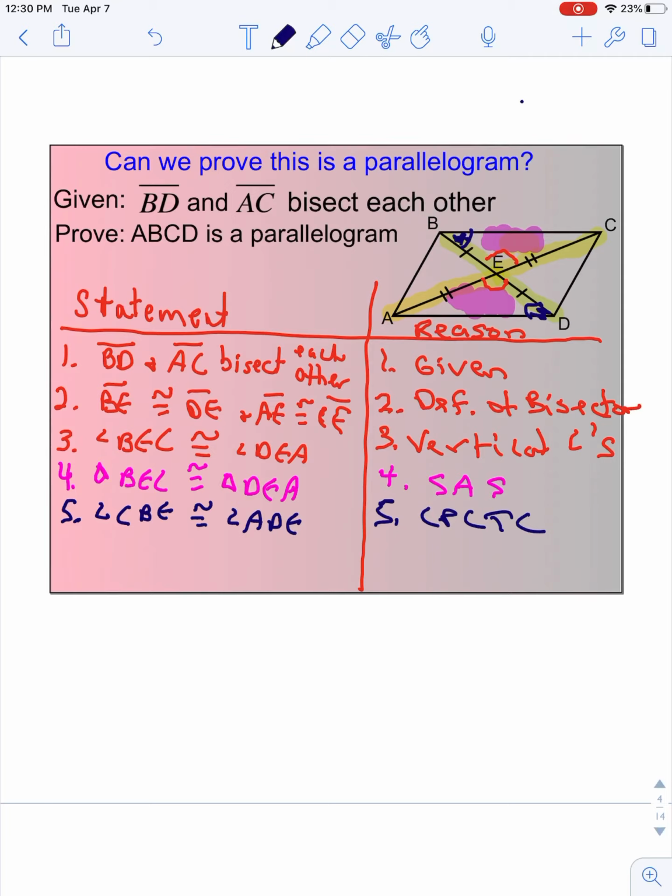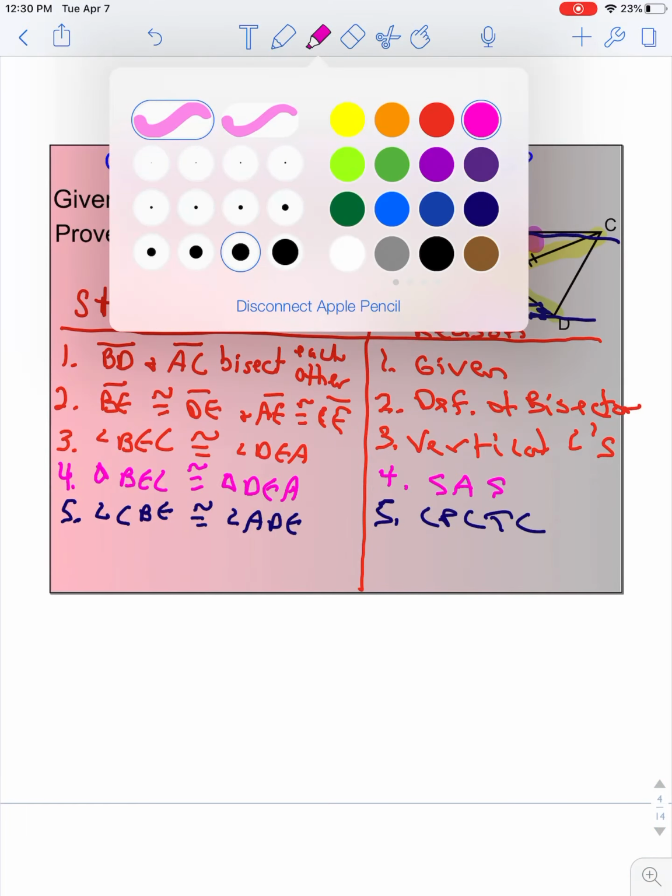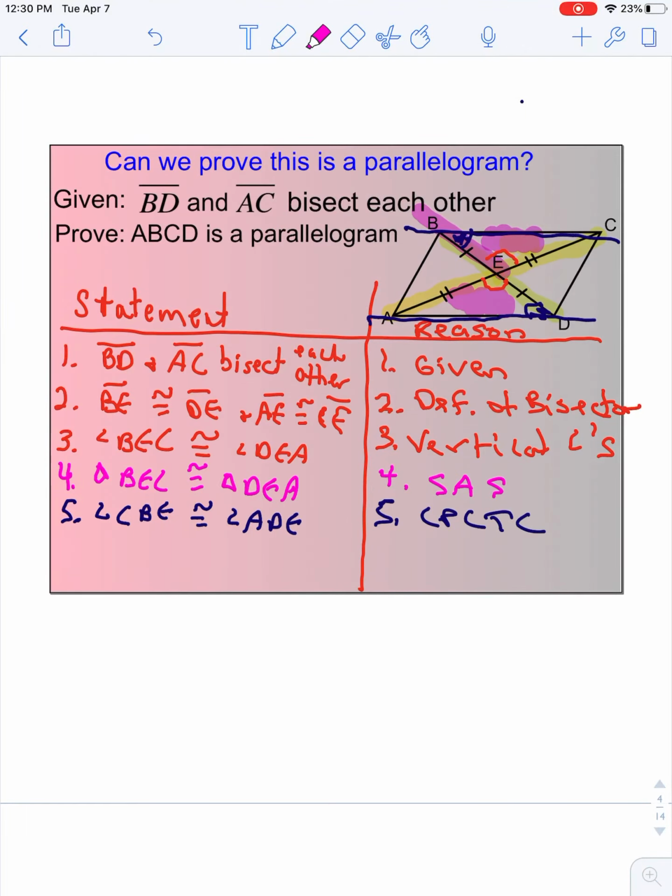Well, when you look at these lines right here, BC and AD, and you extend them, and then you have this transversal right here, you have parallel lines cut by a transversal. Well, you actually don't know they're parallel, but because those angles are congruent, that means the lines are parallel. That's the converse of the alternate interior angles theorem.